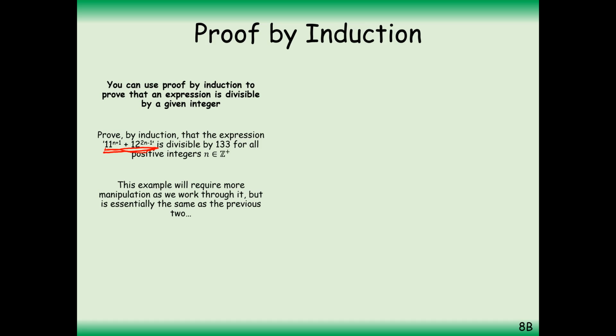So in this case, we actually have n in two indices. So this is an extra little bit of a challenge. So we start off our proof with the basis step. We're going to substitute 1 into this expression, and we are looking for divisibility by 133.